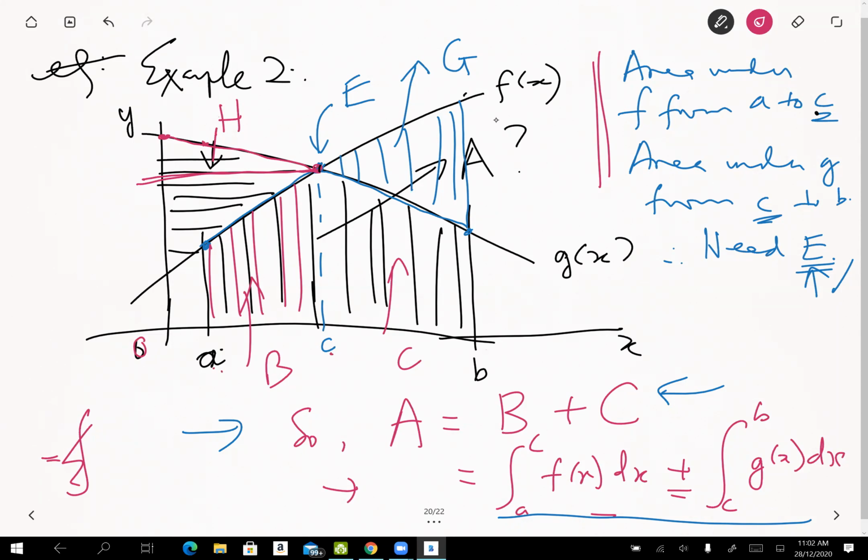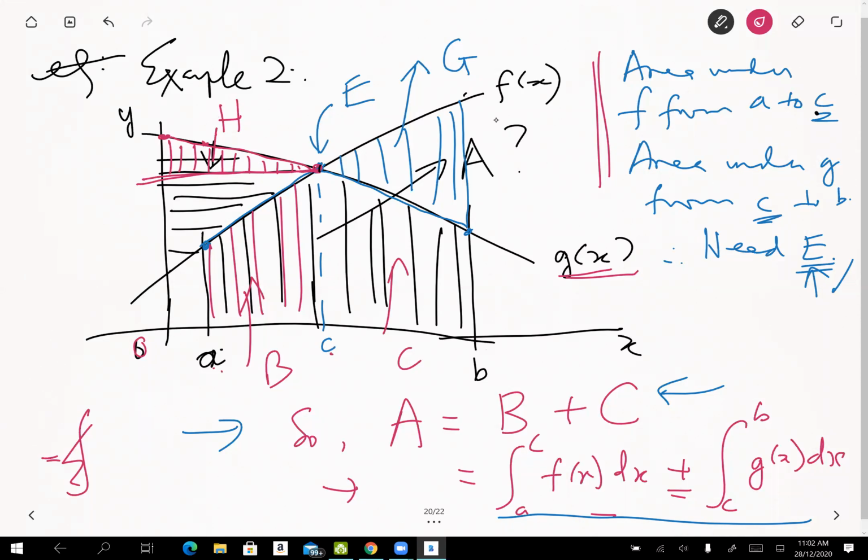0 to C under g(x). First, you need the area under g of x from 0 to C, because that will cover the whole thing, all right? But we don't want the whole thing. We only want the smaller triangle there, okay? So you need to take away the area below that line, okay?